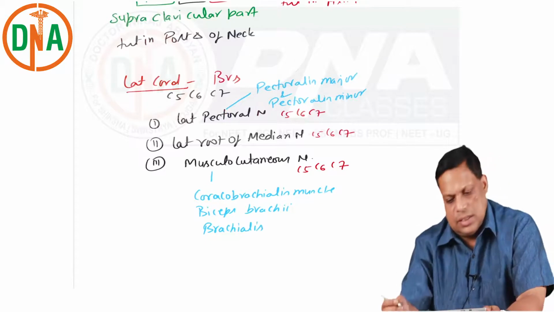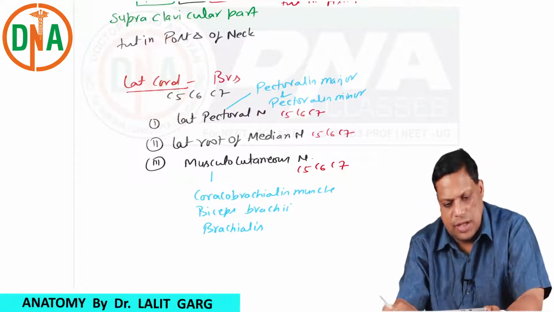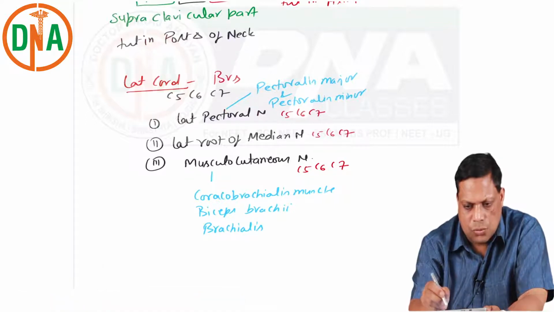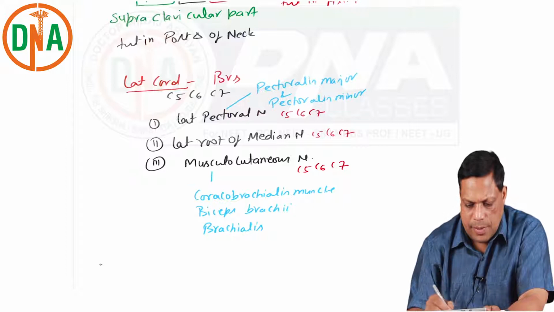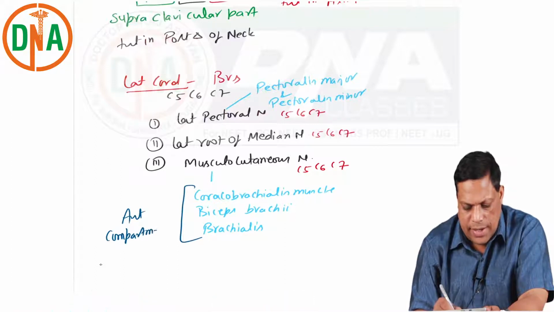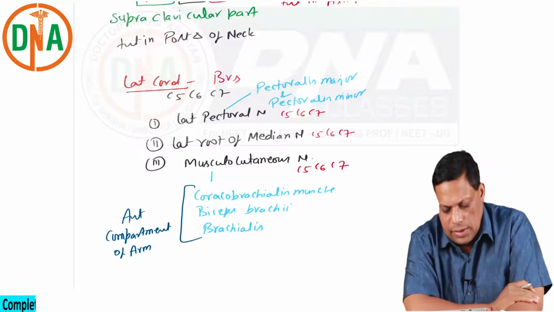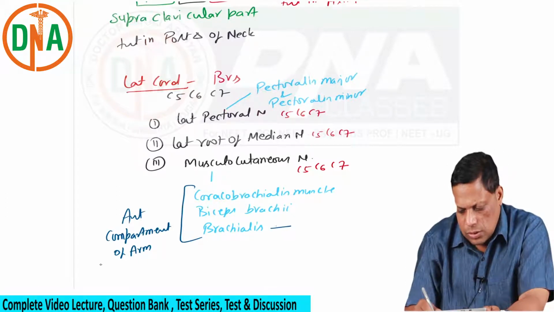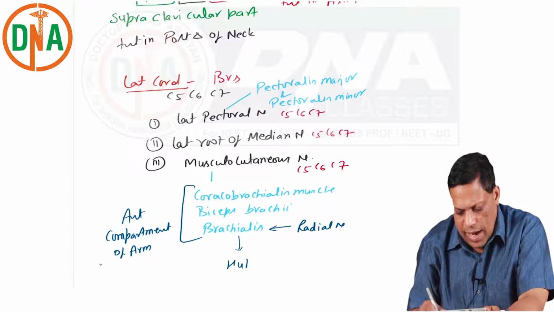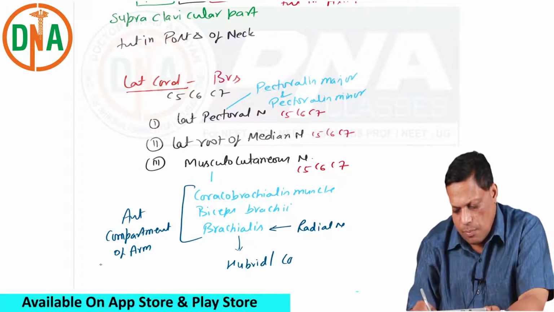So 3 muscles are supplied by musculocutaneous nerve, and all 3 muscles belong to the anterior compartment of arm. This brachialis muscle is also supplied by radial nerve. So that is why brachialis muscle is an example of hybrid muscle or composite muscle.